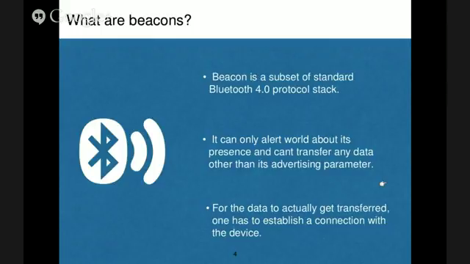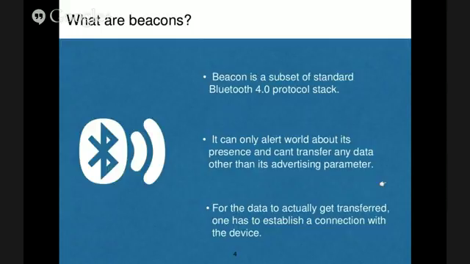Beacons come in two different modes. Some beacons are read-only, so they will only broadcast these three parameters, and the user won't be able to make any connection with that beacon. The user will only be listening to the broadcasted parameters. The other type of beacon has both read and write access.